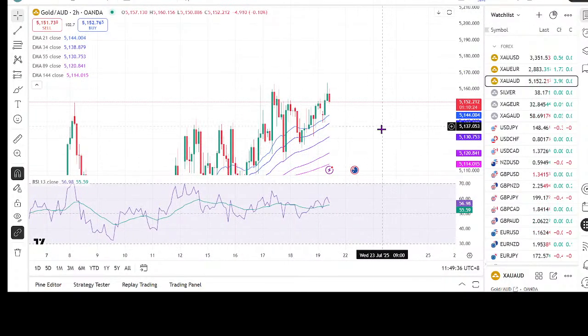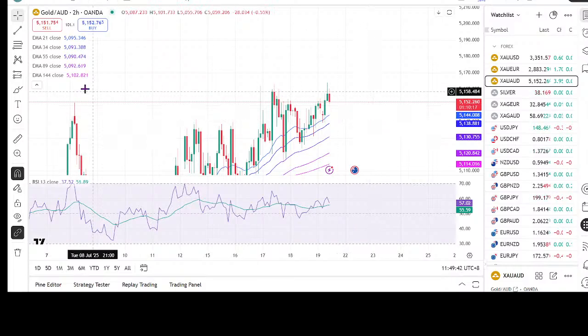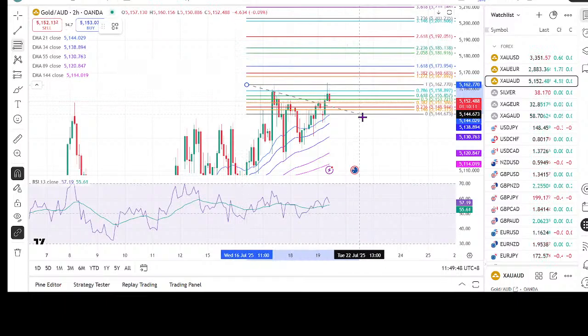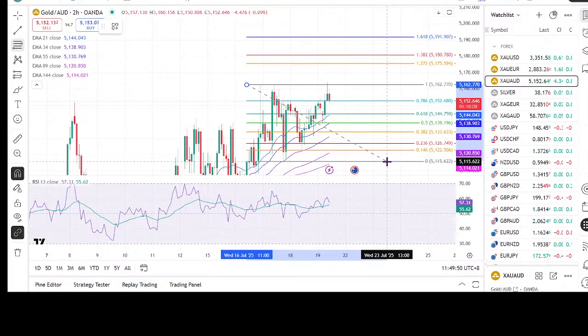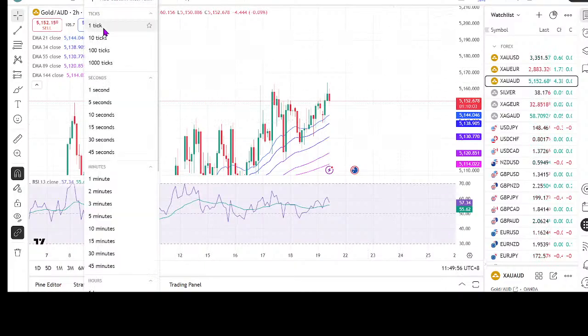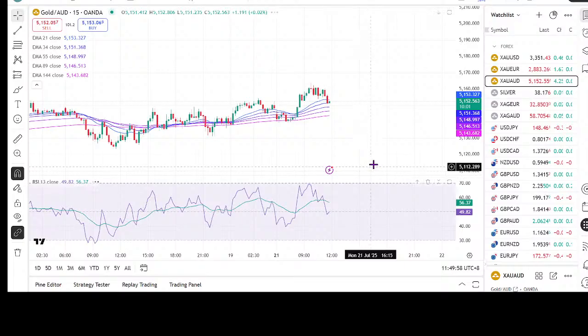Okay, the 2-hour has already bottomed, so we should be looking to buy at 5140 and exit either at 5160 or extension of this level, which is 5175. So we'll go for a 5140. Okay, let me see the 15-minute. Yeah, I think it should be okay.